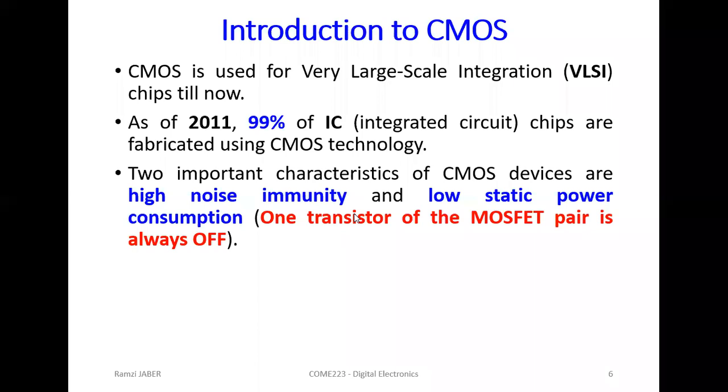Two important characteristics of CMOS devices, focus here, are high noise immunity. High noise immunity means that the CMOS transistor can withstand high noise.